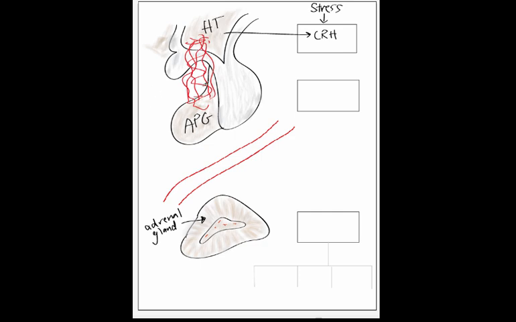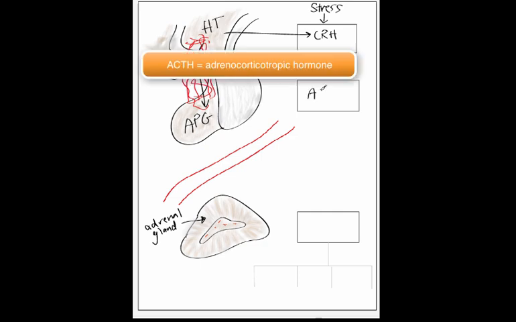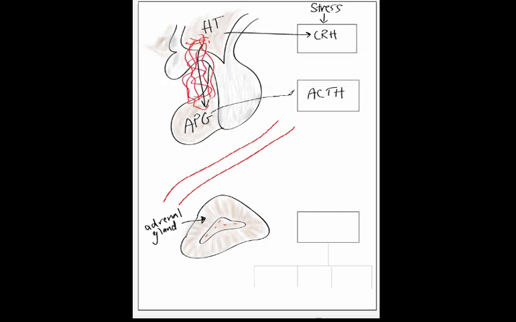So the CRH travels through here to the anterior pituitary, where it finds receptors on specialized cells called corticotropes. And when CRH binds with those receptors, the anterior pituitary secretes a hormone called adrenocorticotropic hormone, or ACTH. So that comes from the anterior pituitary.